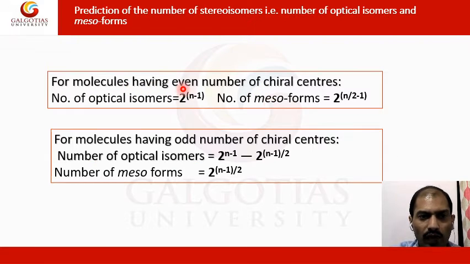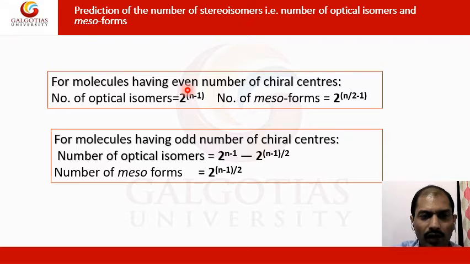So for molecules having an even number of chiral centers, how do you calculate the number of optical isomers? The formula becomes 2 raised to the power n. If you want to calculate the number of mesoforms, you use the formula 2 raised to the power n divided by 2 minus 1. Keep this in mind if the molecule has an even number of chiral centers.